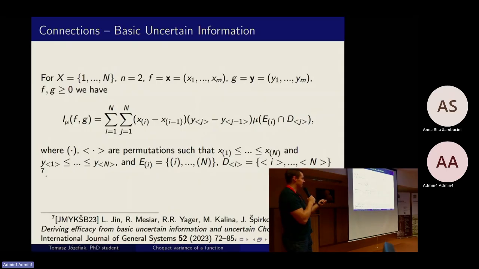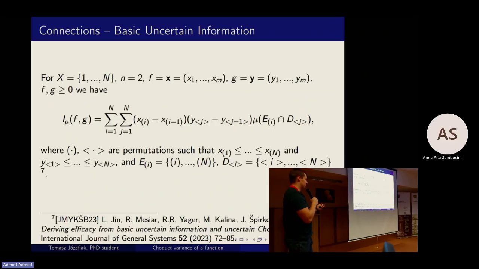Basically we can interpret this as, if we want to aggregate the function f, having some assessments of the experts, for example, what they believe the value of f is over this x.